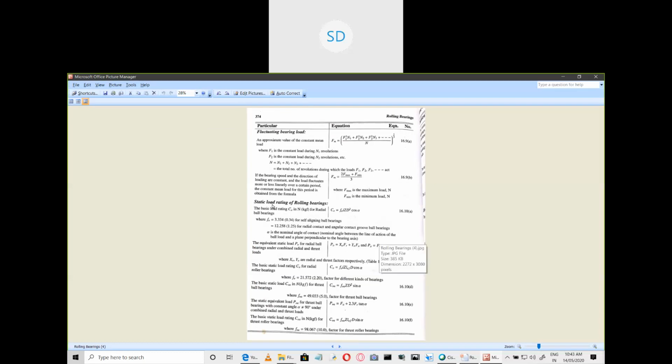Now here is the static load rating for rolling bearings. You can refer to these equations to find the static load. This equation stands for finding the number of revolutions in millions. You are going to get very few formulas in the design of rolling bearings.